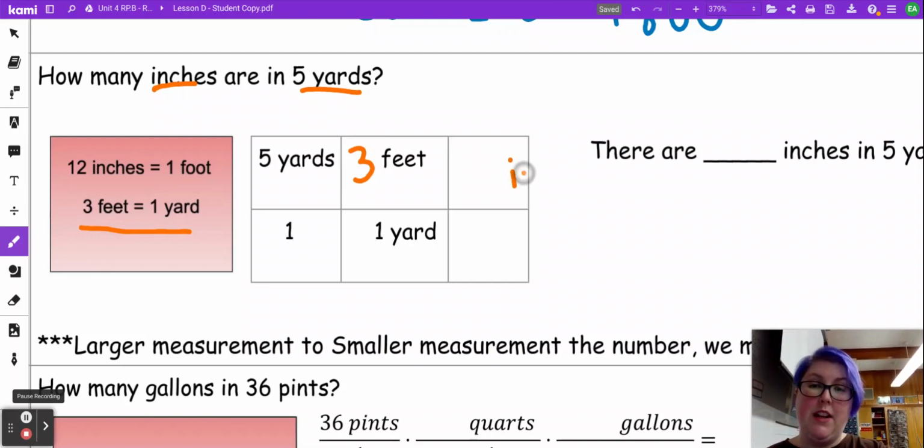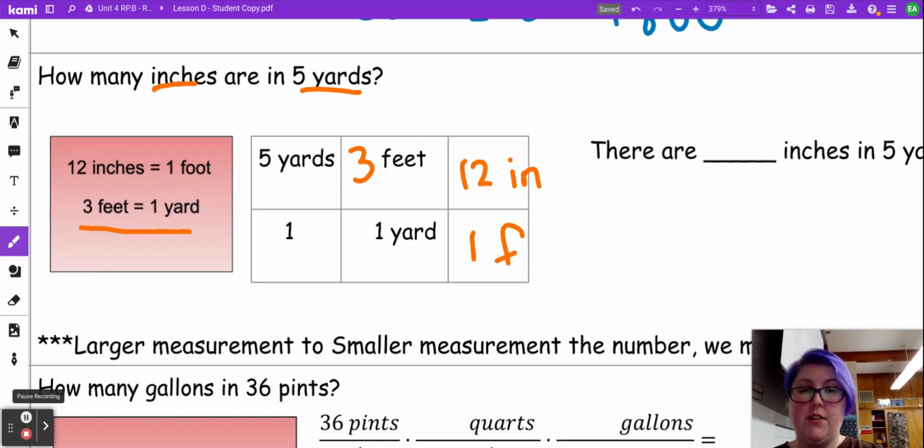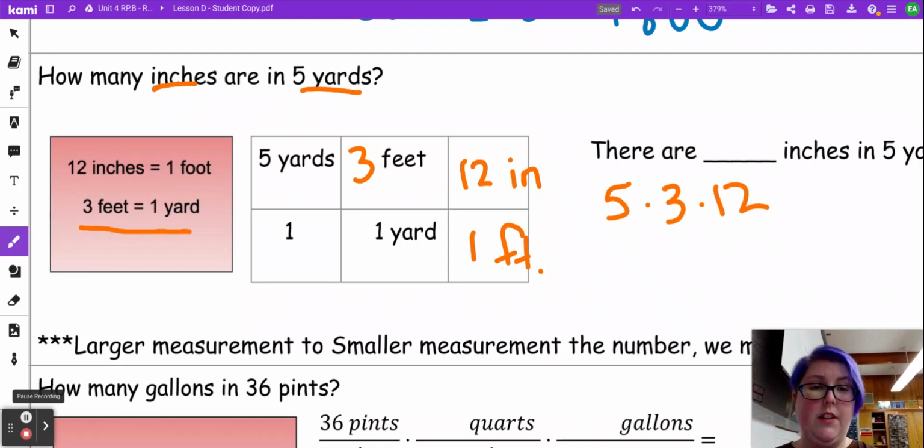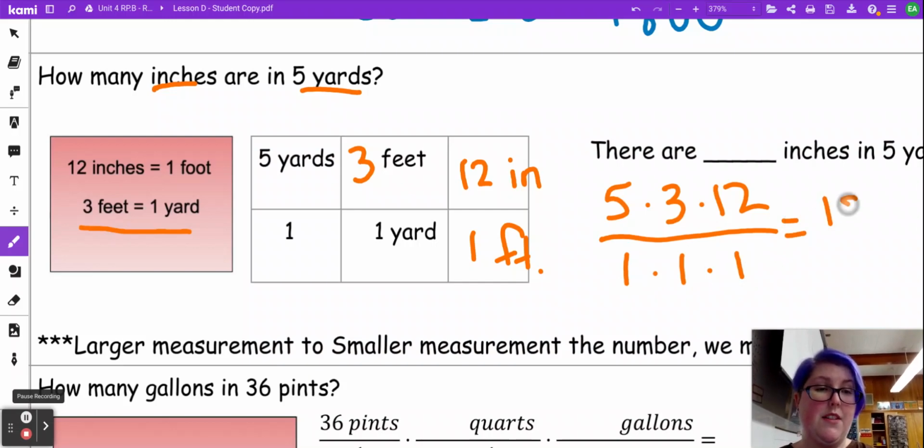Eventually, we want to get this into inches. Well, there are 12 inches in 1 foot. And so now we are going to change this into multiplication. We are going to do 5 times 3 times 12, our numerator. We're going to multiply our denominator, 1 times 1 times 1, and that gives us 180 over 1.